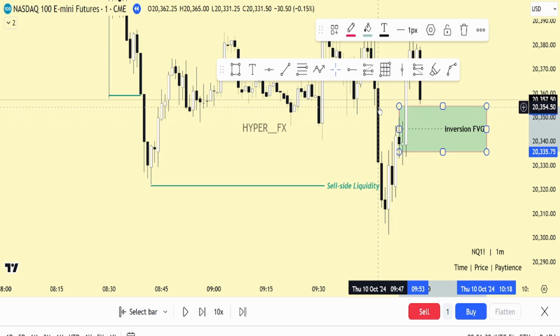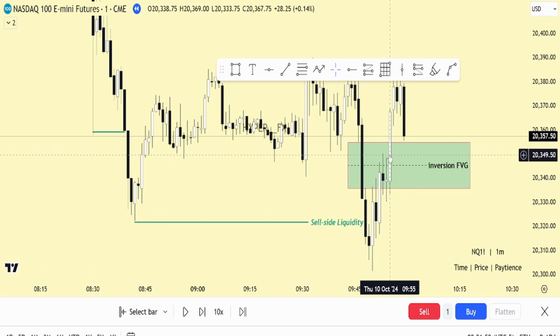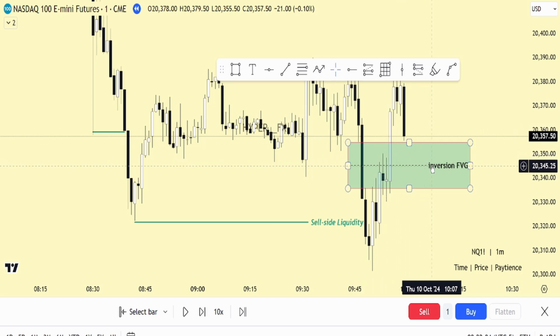So this sell side delivery was supposed to hold price back after there is a buy side delivery. It is supposed to continue to send price down, but you can see what happened here. Instead of sending price down, price closed above an inversion. Price closes above this fair value gap, and the moment price closes above this fair value gap, it has turned to an inversion fair value gap.